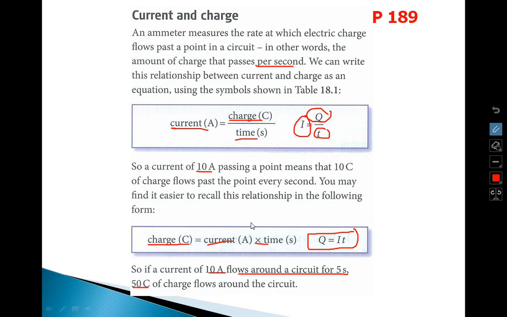So the charge is current times time, or I is equal to Q over T. They are the same. There is a strong relation between the value of I and the charge per time. There's a triangle of current, charge, time.